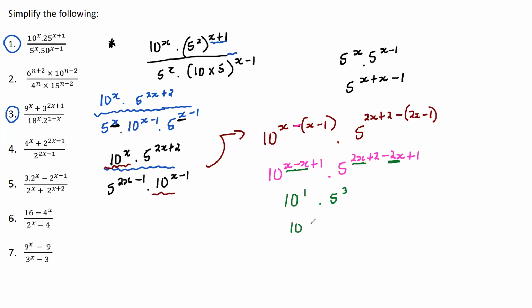This is 10 to the power 1, which is 10, multiplied by 125, which is basically 5 to the power of 3, then eventually 1,250. That should be your answer right there.